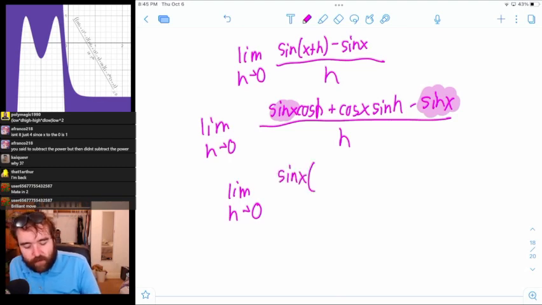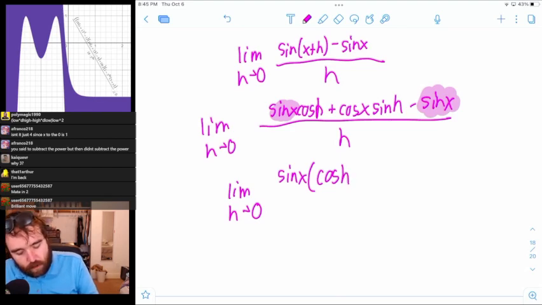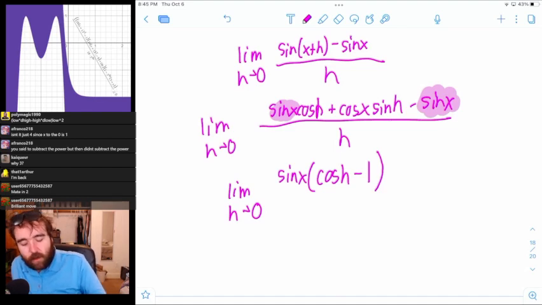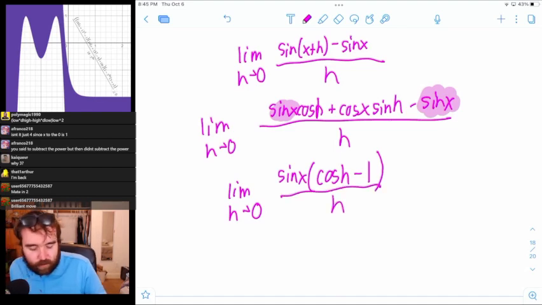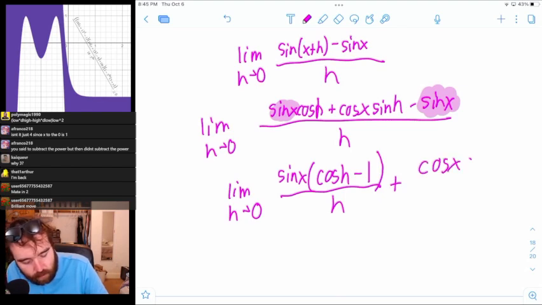So we'll have sine of x on this first part, and then cosine of h minus 1, because that's minus sine of x, but we factored it out. And let's see, I really just want to separate these. So we'll have that fraction, and then we'll have this fraction.